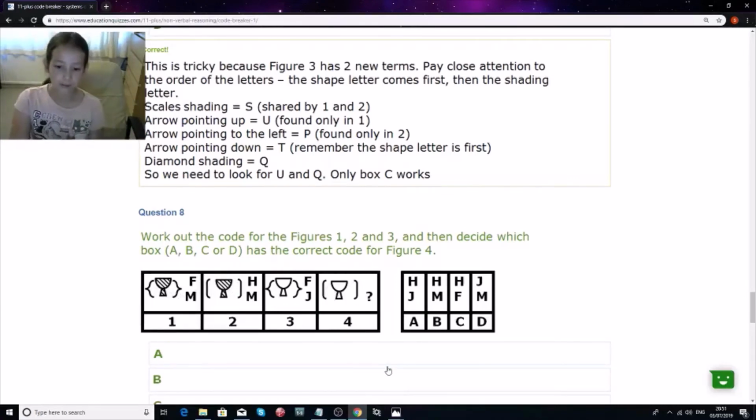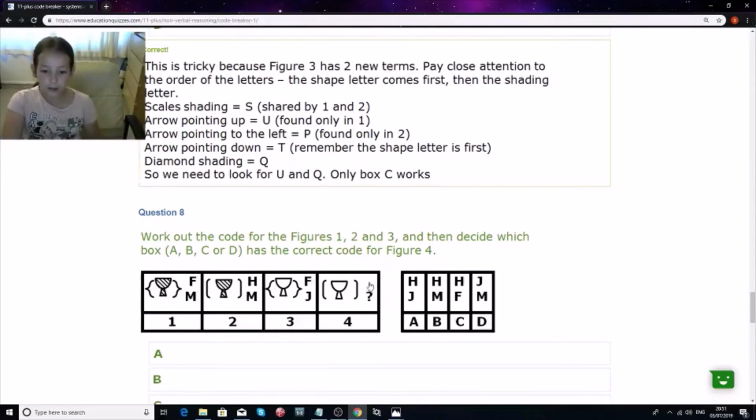And J means blank trophy. So this is blank, so J must be the last letter, and the first letter must be H, because the brackets are curved, not pointed. So let's see.